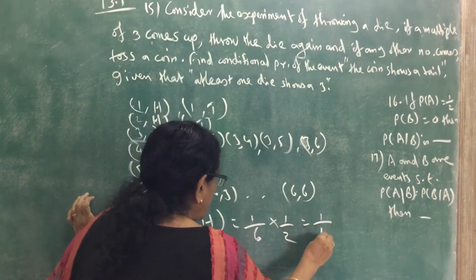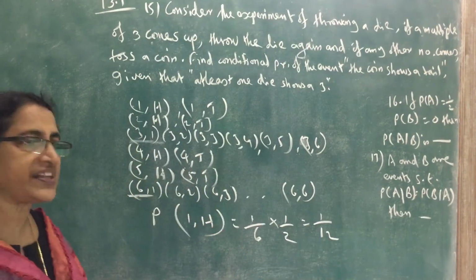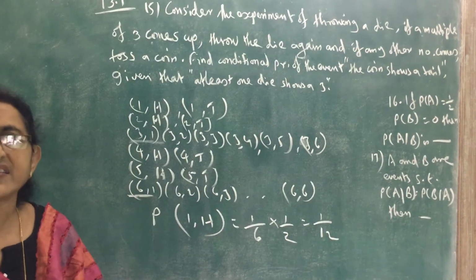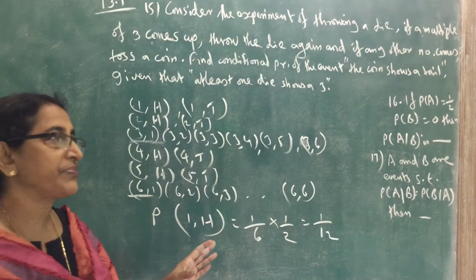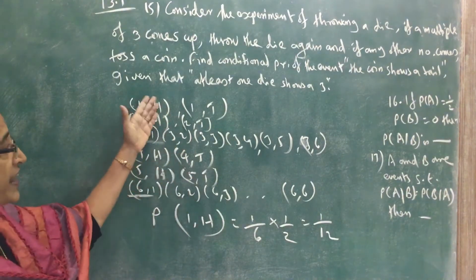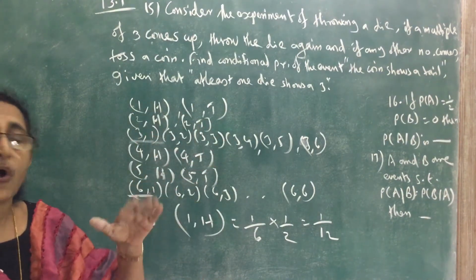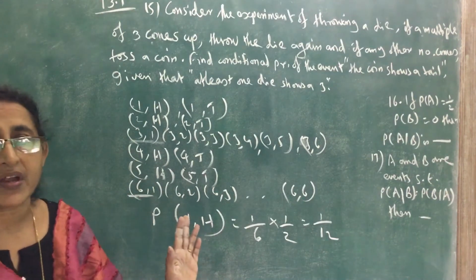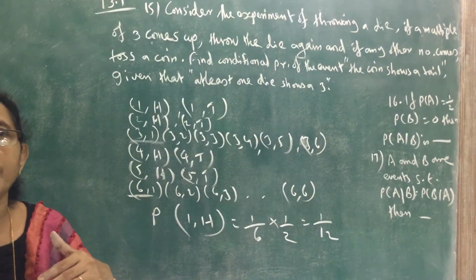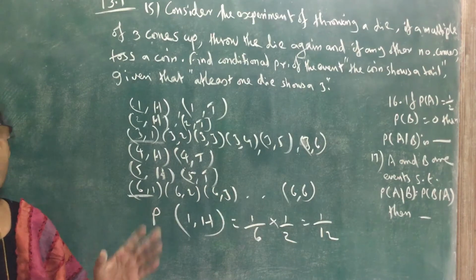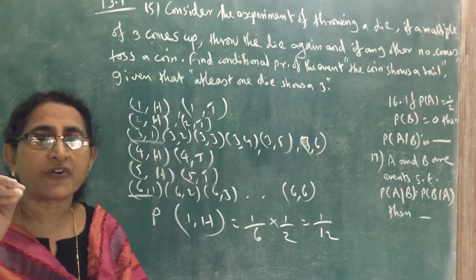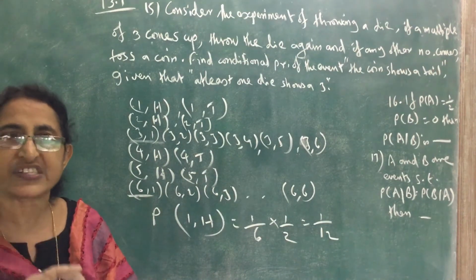So the probability of getting 1H is 1 by 12. That is why this question is a typical one, because the elements do not all have the same probability. So you cannot directly write probability of E equals number of E by number of S. That is the specialty of this question.